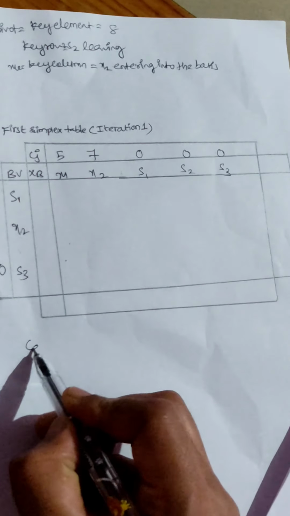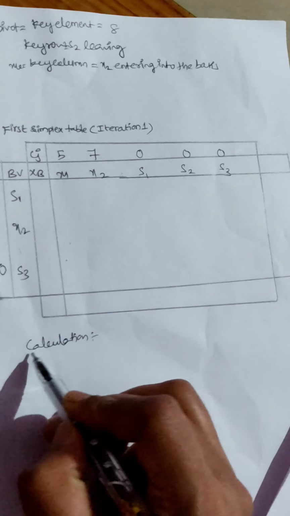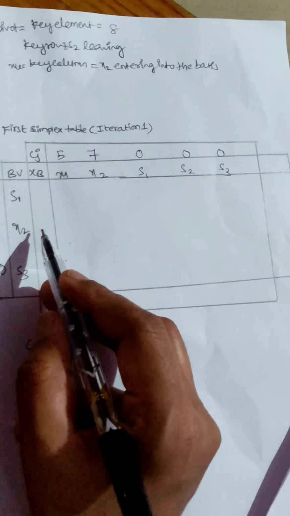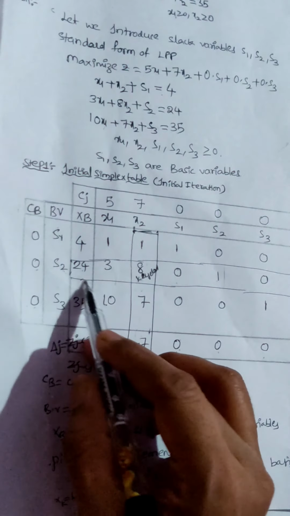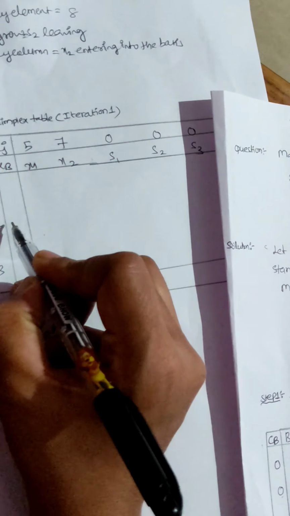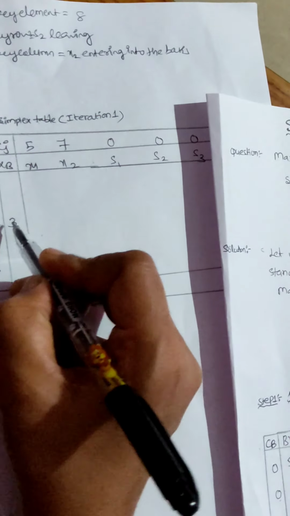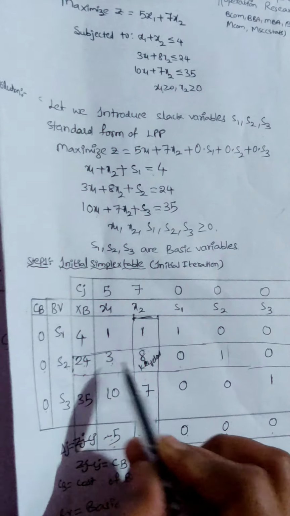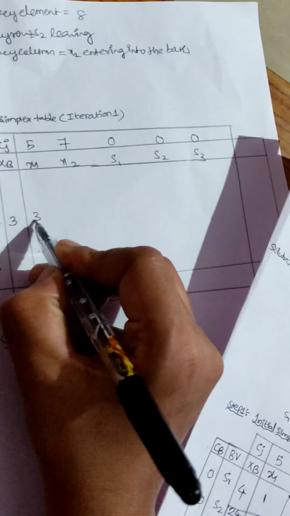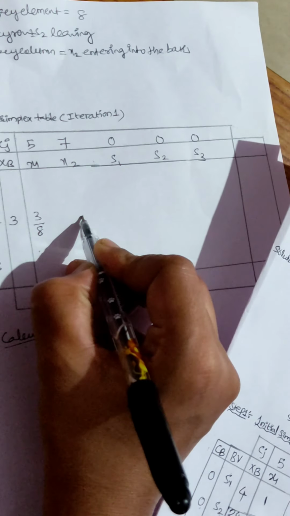Let me do the calculation. In the first table you have 24 divided by 8, that is 3. Next, 3 divided by 8. Next, 8 divided by 8.